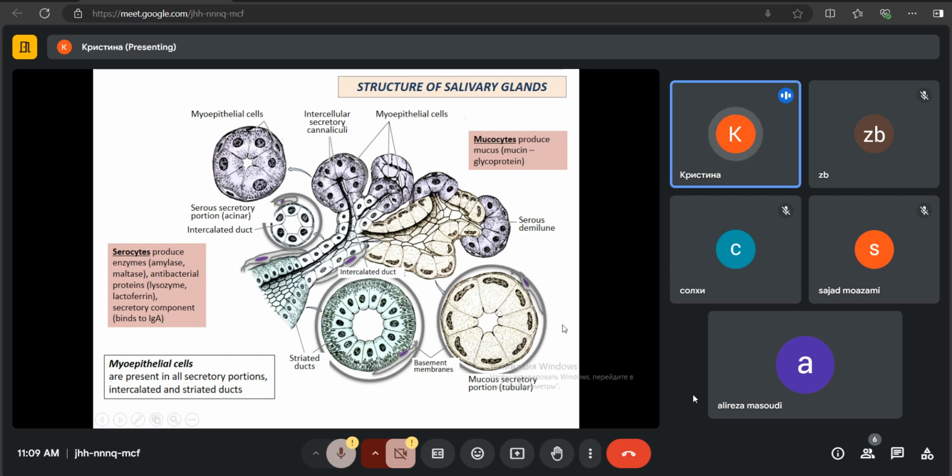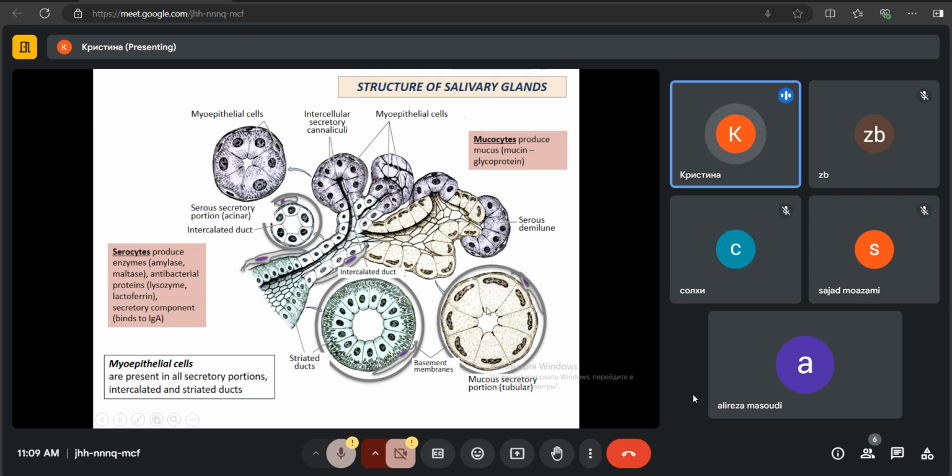Mucous secretory portions contain mucocytes and myoepithelial cells. Mucocytes have transparent cytoplasm because it is filled with the granules of mucin, which is not stained with either hematoxylin or eosin.